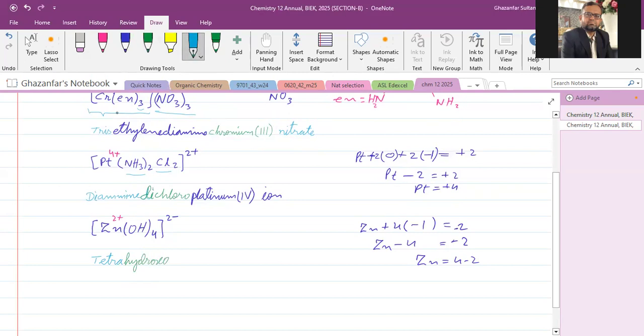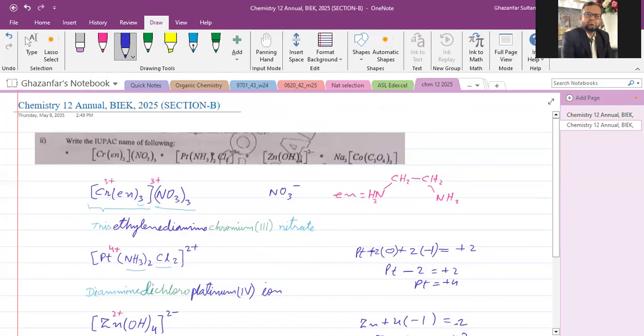But here, instead of writing zinc, we write zincate because the coordination sphere is negative. Zincate. So this 'ate' is due to the negative charge on the coordination sphere, and the charge of zincate is 2, and then we use ion.